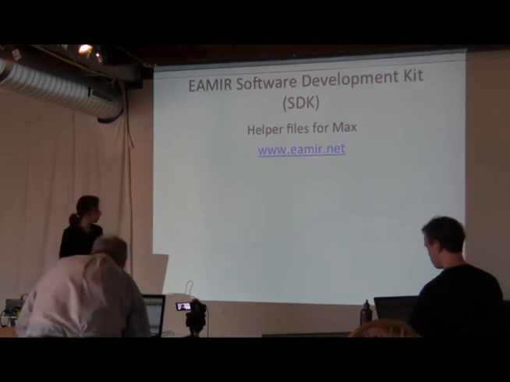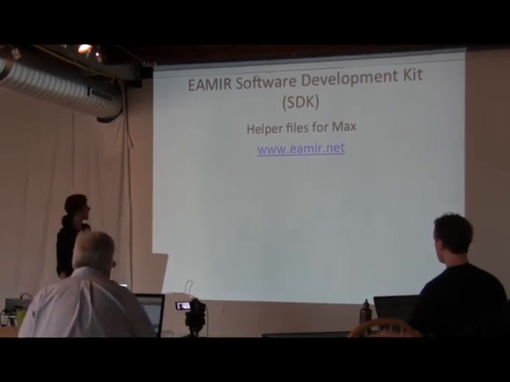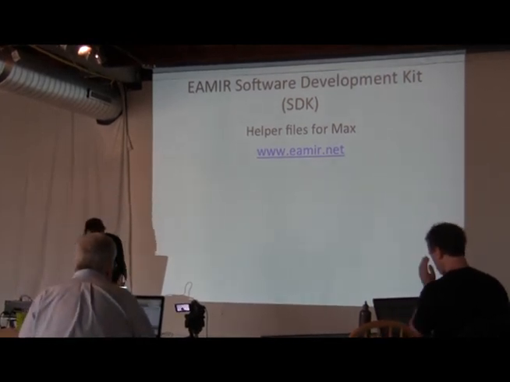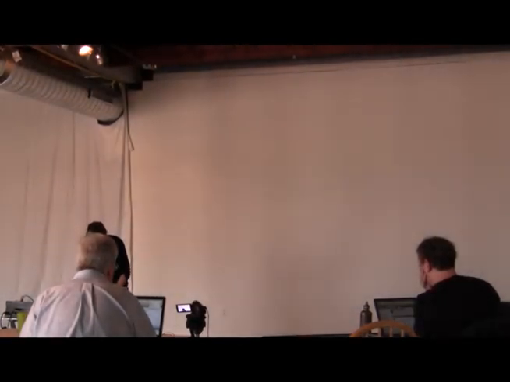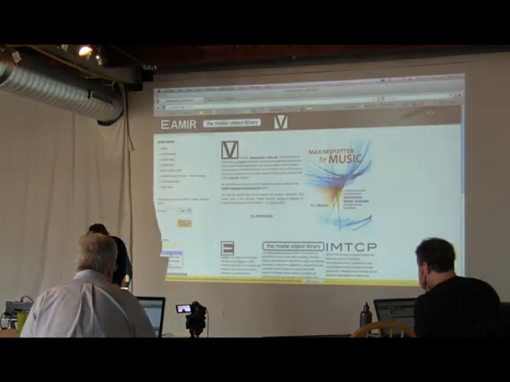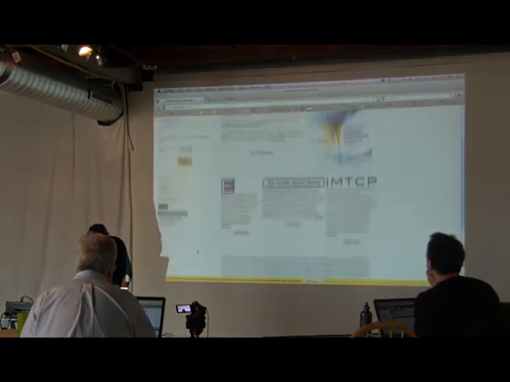Also, if you haven't done so, get the SDK from Amir.net. So you want to just go to Firefox or wherever, go to Amir.net. You can either log in with your Facebook or whatever.